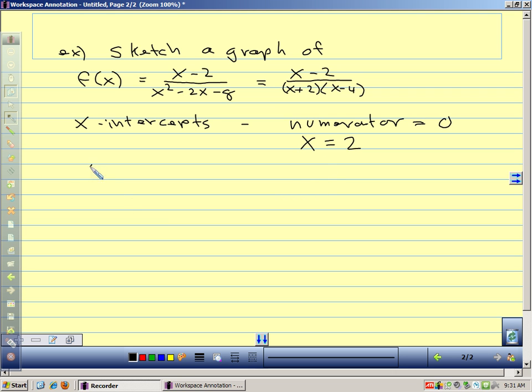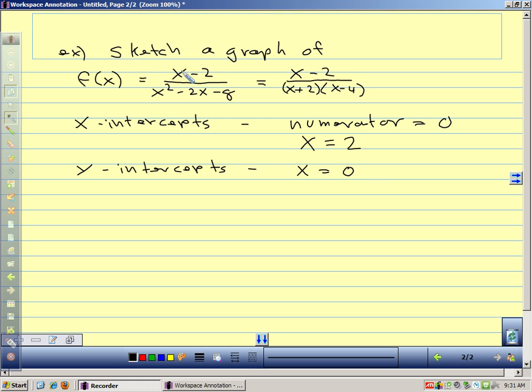Let's look at our y-intercepts. Our y-intercepts are where x equals 0. So we're just plugging 0 into our function and finding the y value.